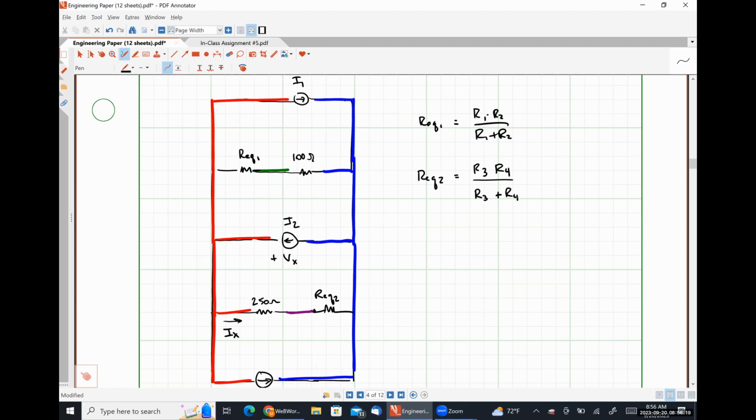Now I can obviously see that the 100 ohm resistor is in series with REQ1. So I'm going to call REQ1 prime just 100 ohms plus REQ1. And I'm going to call REQ2 prime the 250 ohms in series with REQ2.